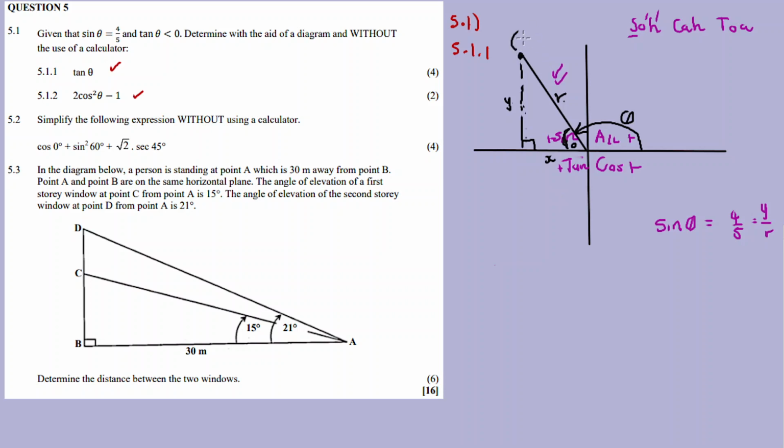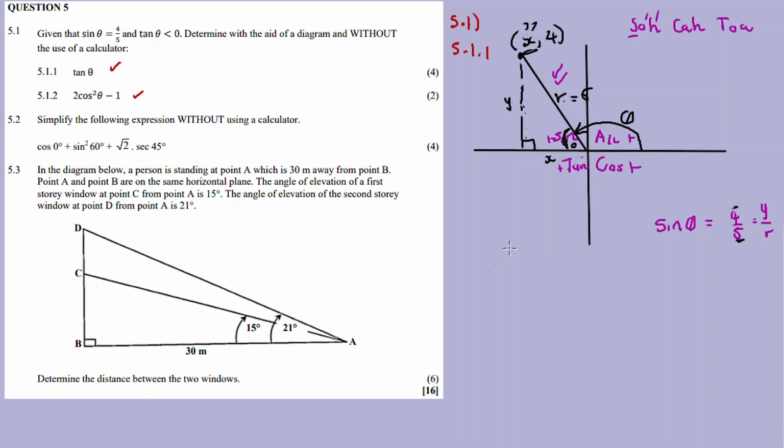Let's base it on the coordinates x and y. Fortunately for us, we have the value of y, which is 4, and r, which is 5. I don't have x. Now I want the value of x.